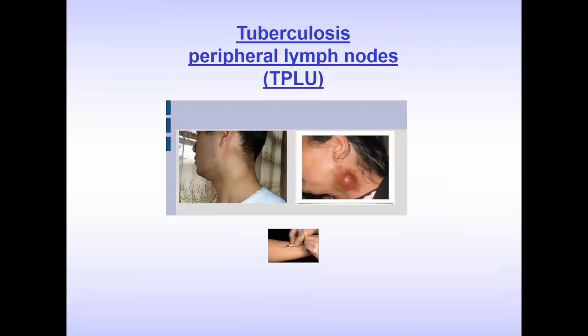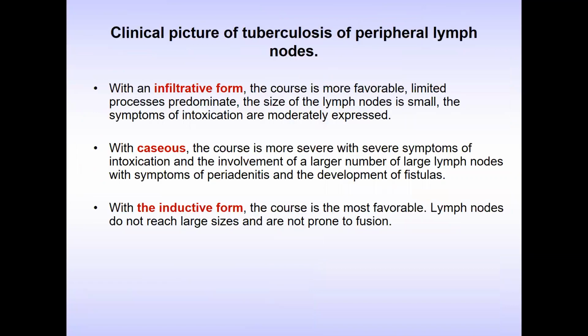Tuberculosis of lymph nodes. Clinical picture of tuberculosis of peripheral lymph nodes. With an infiltrative form, the course is more favorable, a limited process predominates, the size of the lymph nodes is small, the symptoms of intoxication are moderately expressed.